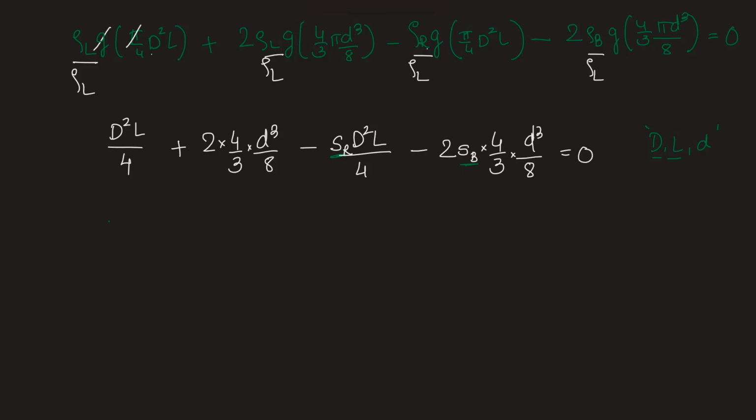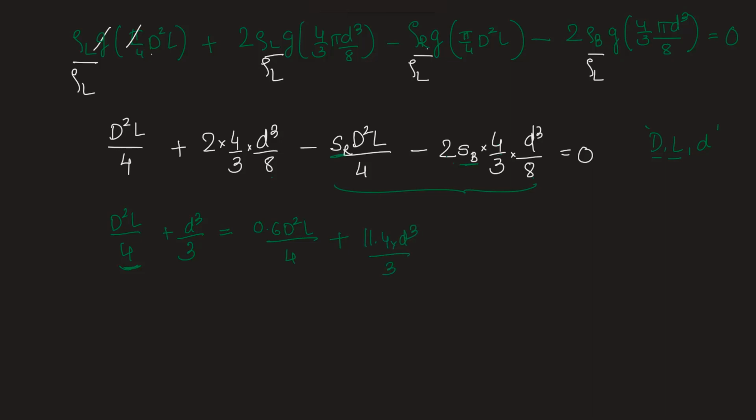So we'll have first term as D square L by 4 plus the second term becomes 2 into 4 is 8, 8 by 8 is 1, so we are left with d cube by 3. This will be equal to, we take these terms to the right hand side. So we have SR given to be 0.6, so 0.6 D square L by 4 plus 2 into 4 is 8, 8 by 8 is 1, so we have SB 11.4 into d cube by 3 left here.